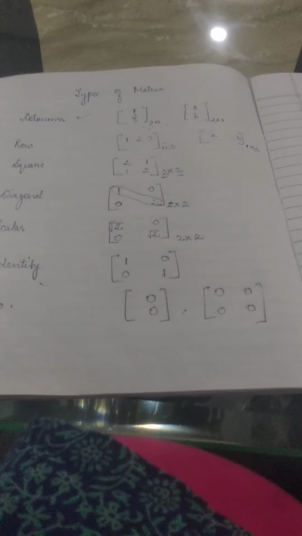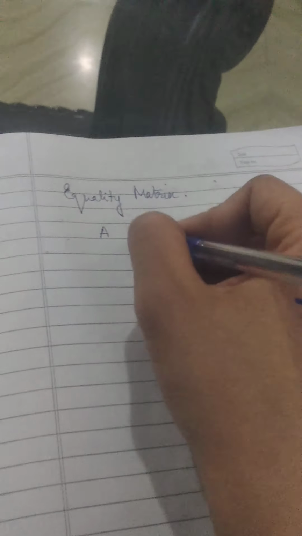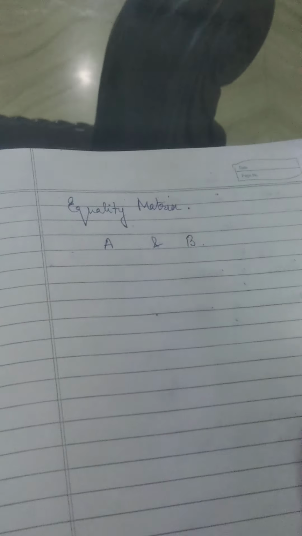Another very interesting and important type of matrix is the equality matrix. Now, what is an equality matrix? Let me say I have two matrices A and B. Now, when are A and B matrices exactly the same? There are two conditions that need to be followed.